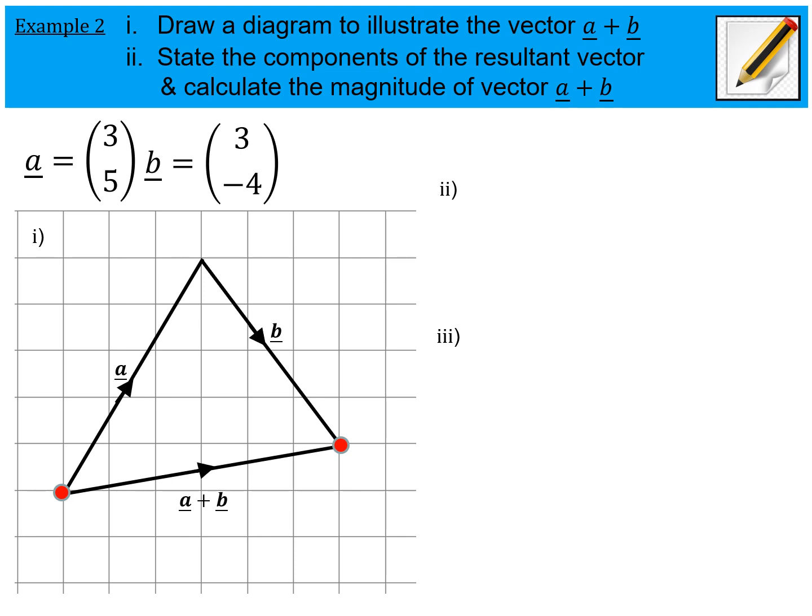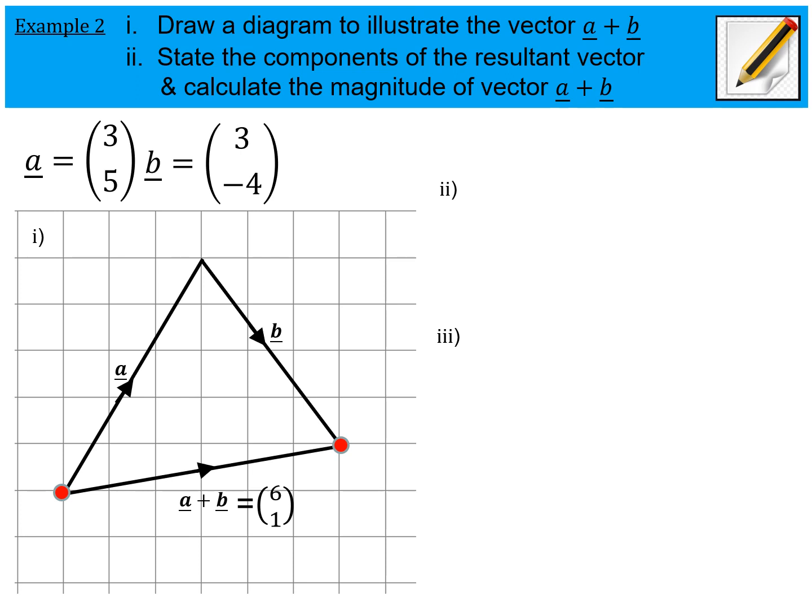Now we need to get the component vector of A plus B. So from the starting point, we need to go across 6 and then up 1. So our component vector of A plus B is 6, 1.